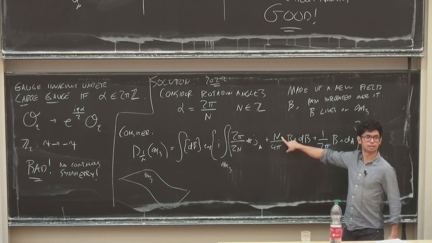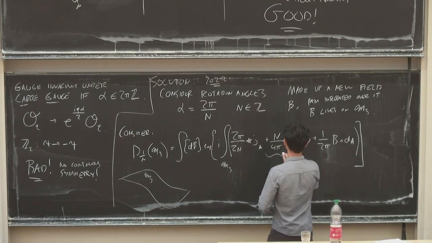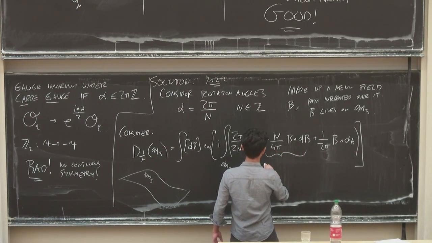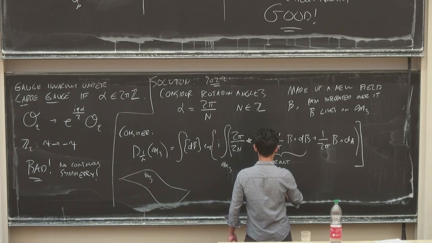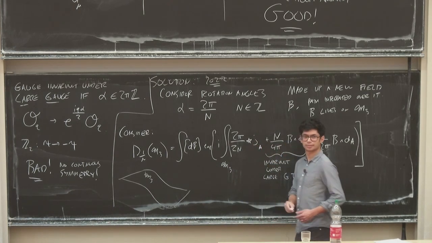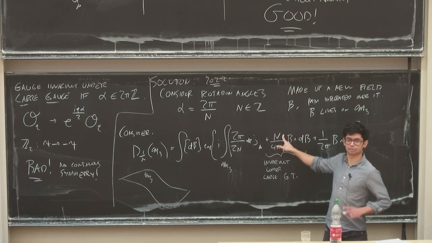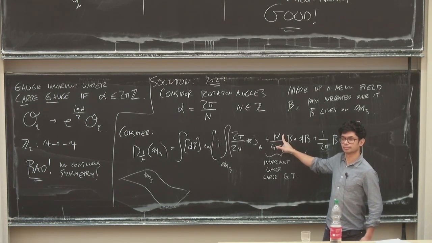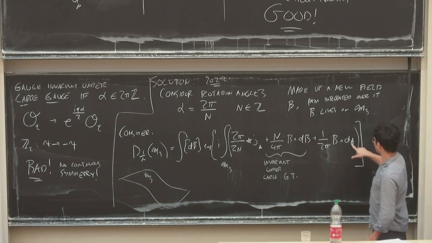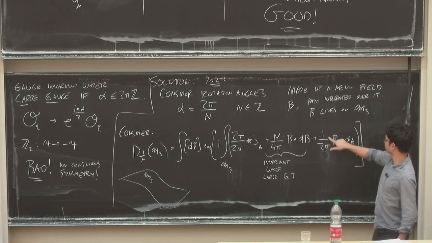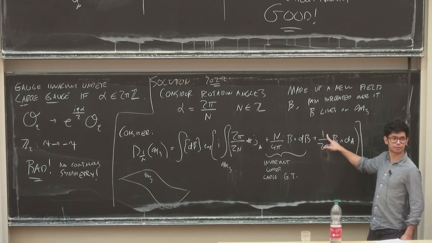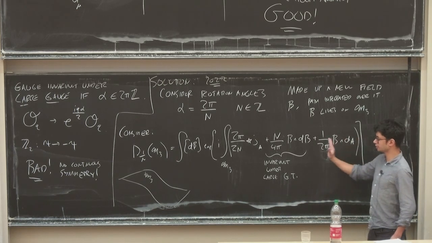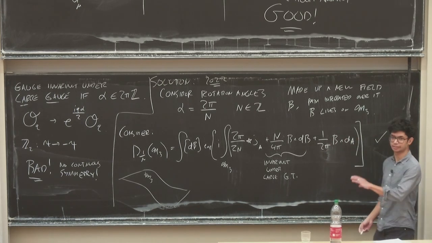Which means, because n is an integer in the numerator, this is invariant under large gauge transformations, because n is on top, and that's what you want. A now appears only in this way, 1 over 2 pi B wedge dA. This coefficient is 1, so this is also fine. So this object is well defined under all gauge transformations you can imagine.